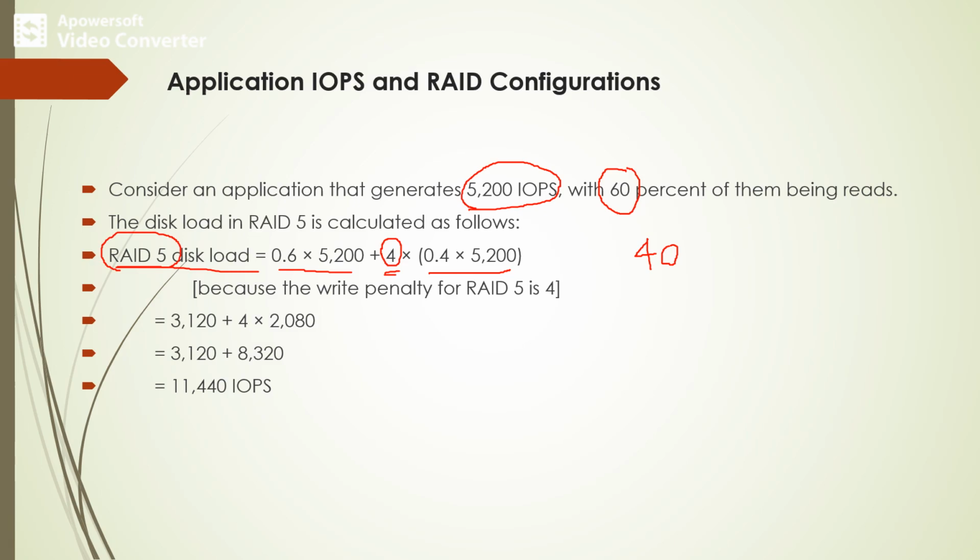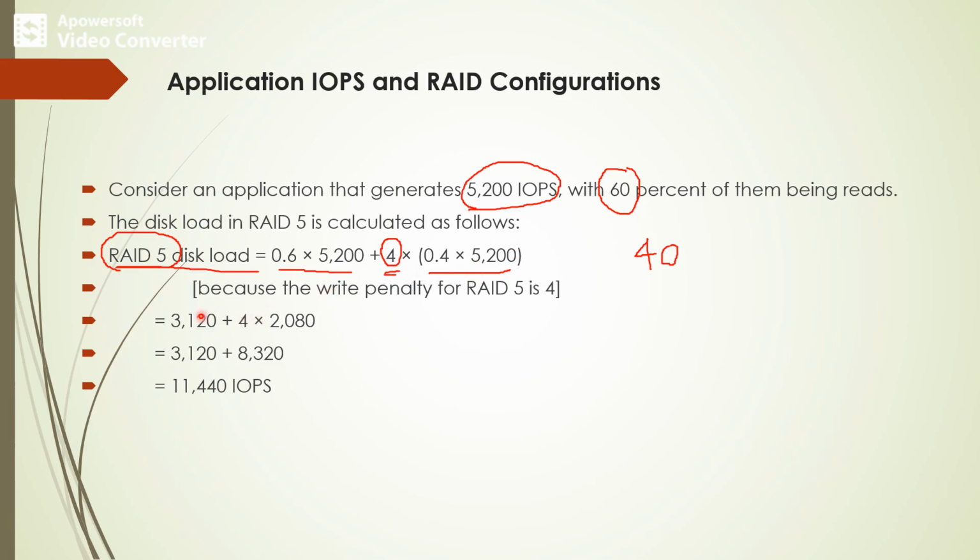So how can I compute the disk load with respect to RAID 5? That means 0.6, that is 60% of them are reads, into 5200, plus the write penalty for RAID 5, which is 4, that means 2 read and 2 write operations, into the 40% that are write operations.